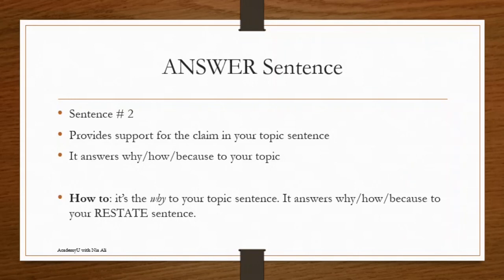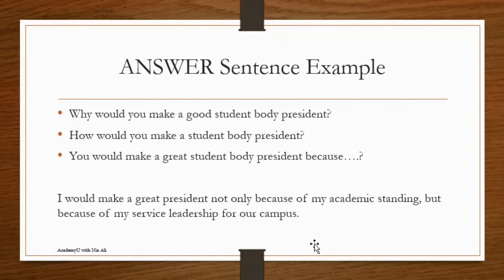Let's take another look at this. As you're writing, you just finished your restate sentence. Now it's time for you to supply your answer. So you just ask yourself these questions. Why would I make a good student body president? And then that list of responses, you just compose in a sentence, and that is your answer sentence.